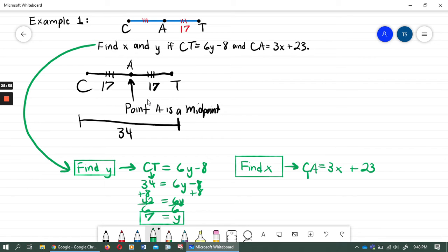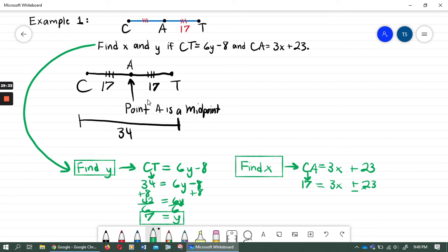So again, segment CA is clearly 17, so 17 equals 3x plus 23. Okay, that's the regular equation.